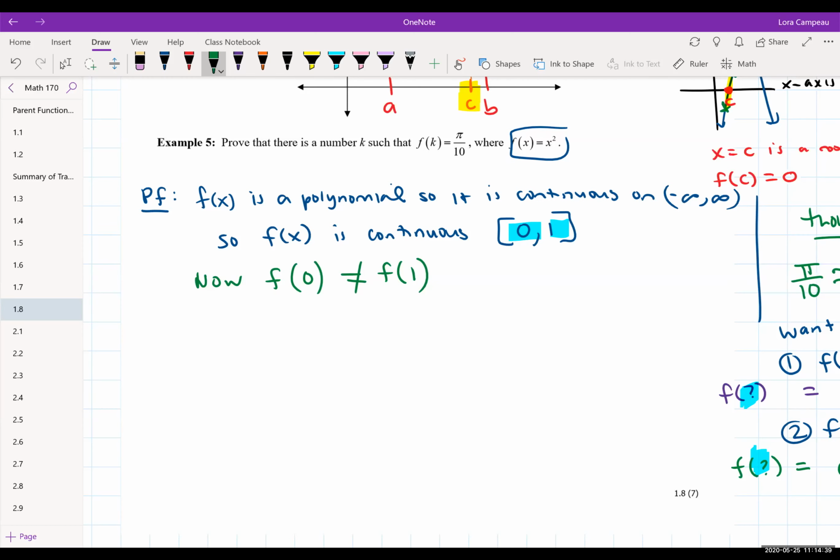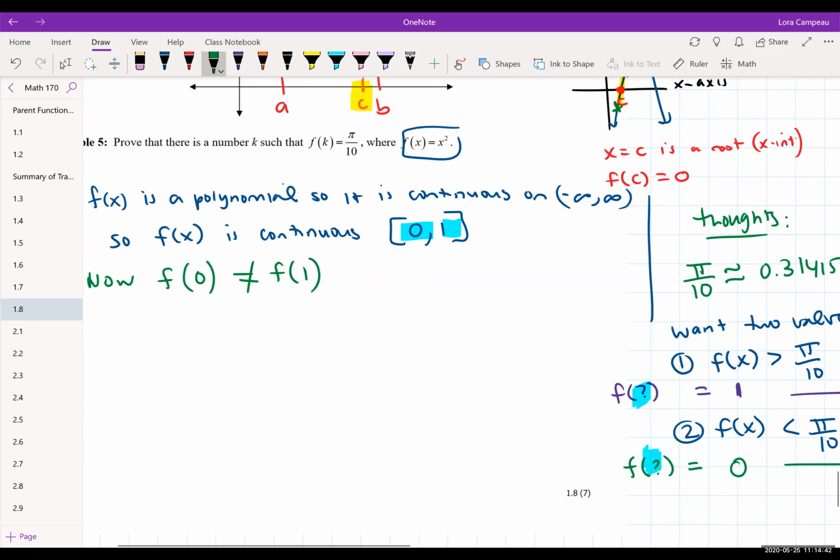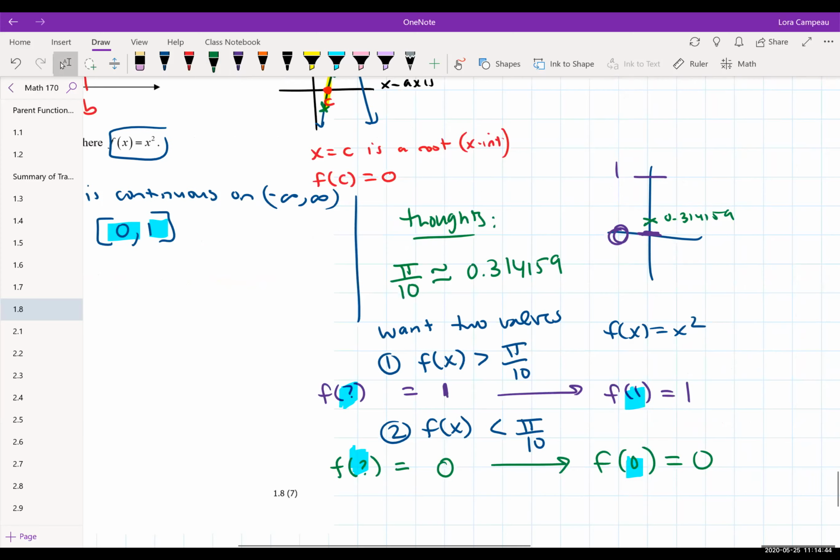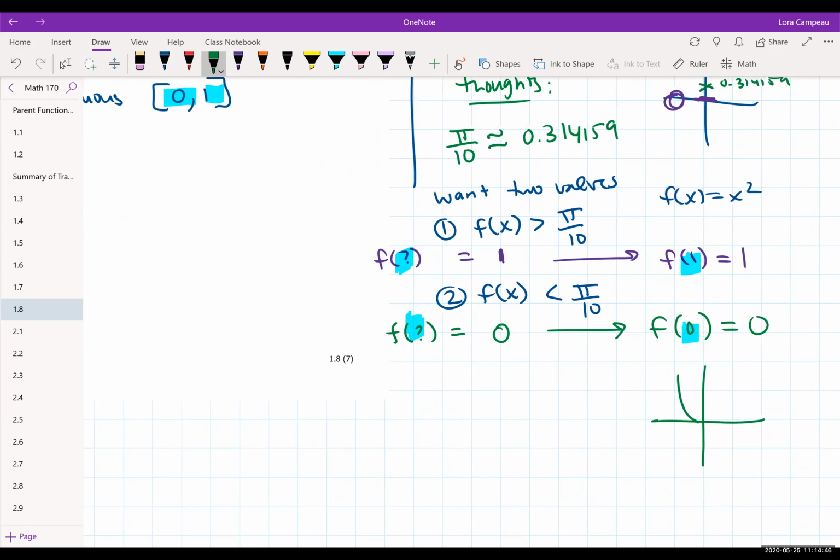If you want to play with this y equals x squared business one more time, just so that you guys can see, here's your function. Your function evaluated at x equals 0 is 0. Your function evaluated at x equals 1 is 1. So those y values are not the same.